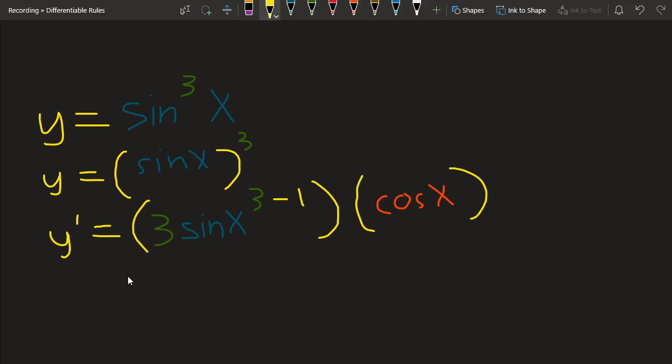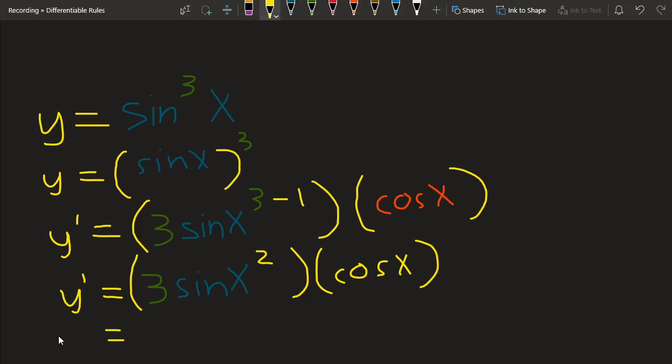If we simplify all this, y prime equals 3 sine x, and since this is 3 minus 1, it'd be 2, all multiplied by cosine of x.